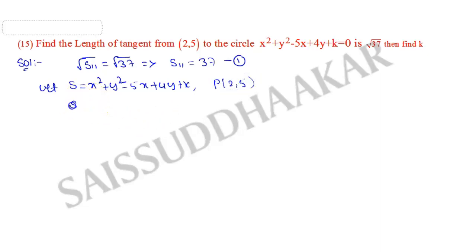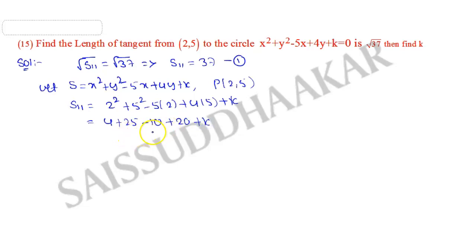Now I am finding S11: 2² + 5² - 5 into 2 + 4 into 5 + k, which is 4 + 25 - 10 + 20 + k.